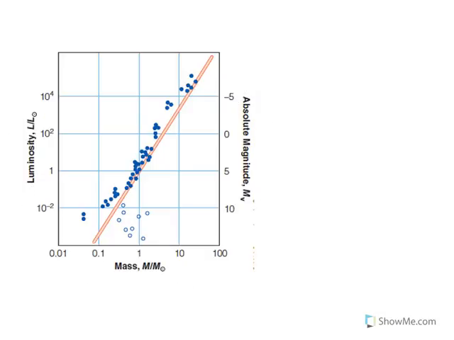So let's say you have a star with a mass of 1 compared to the mass of the sun. In other words, an equal mass object compared to the mass of the sun. Now what is its luminosity?